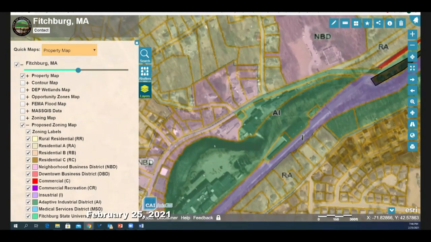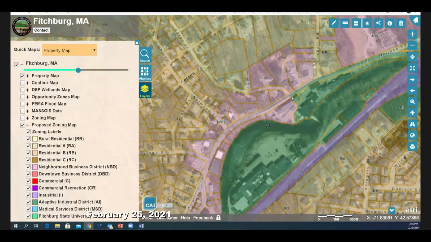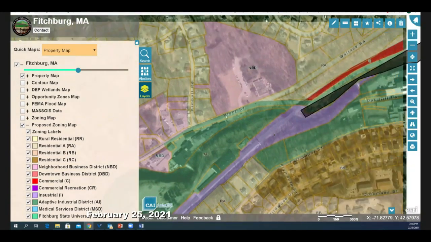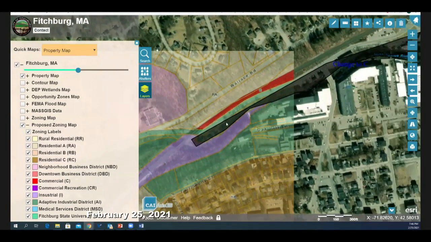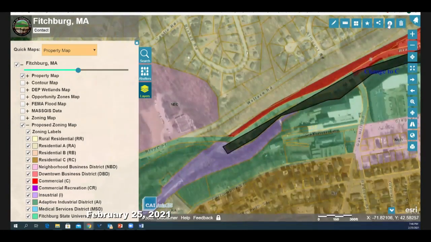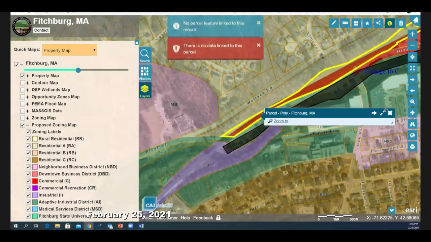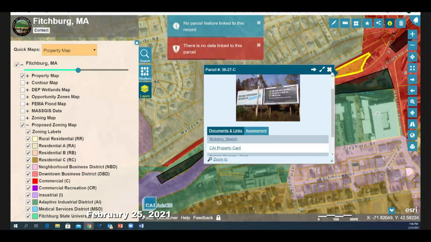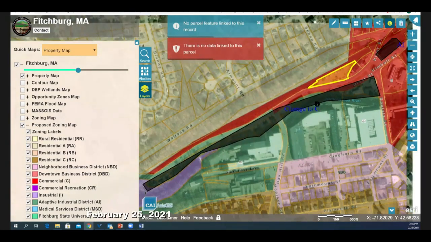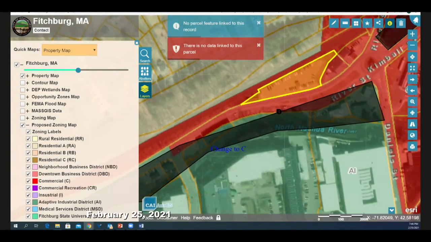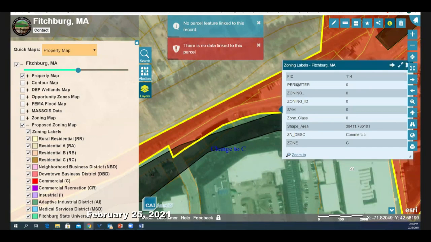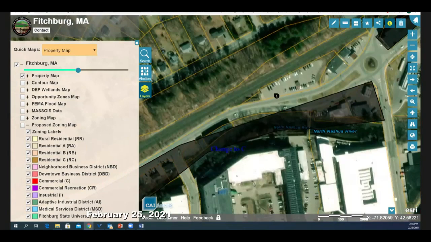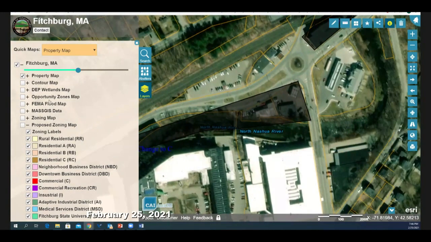And then similarly, we have some neighborhood business district areas here as we start to approach the River Street, Wallace Road area. Then we have a shift to commercial in a few properties. So, as we approach here, this doesn't quite seem right to me. Just on the corner of Oak Hill and River, I don't know if it's an old mill building.